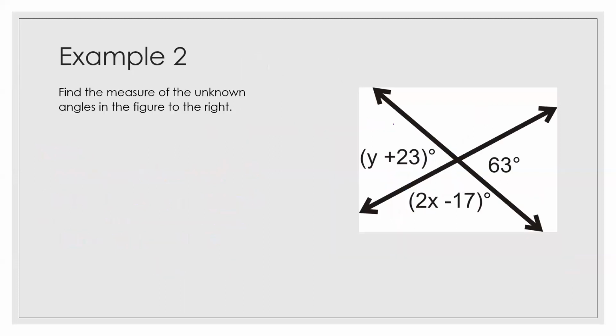Okay, so let's consider this example here, just so we can practice looking at vertical angles. Find the measure of the unknown angle. That means how many degrees is this, how many degrees is that, and how many degrees is that.